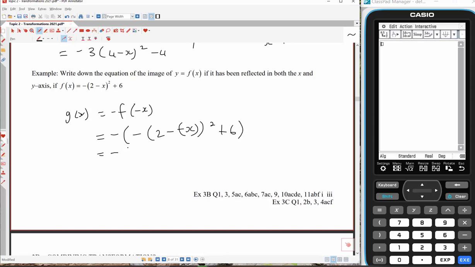Okay, so that's going to be negative 2 plus x all squared plus 6. Negative by a negative is a positive, so that's 2 plus x all squared. Negative times a positive is a negative, take 6. So g of x is that after those two transformations.